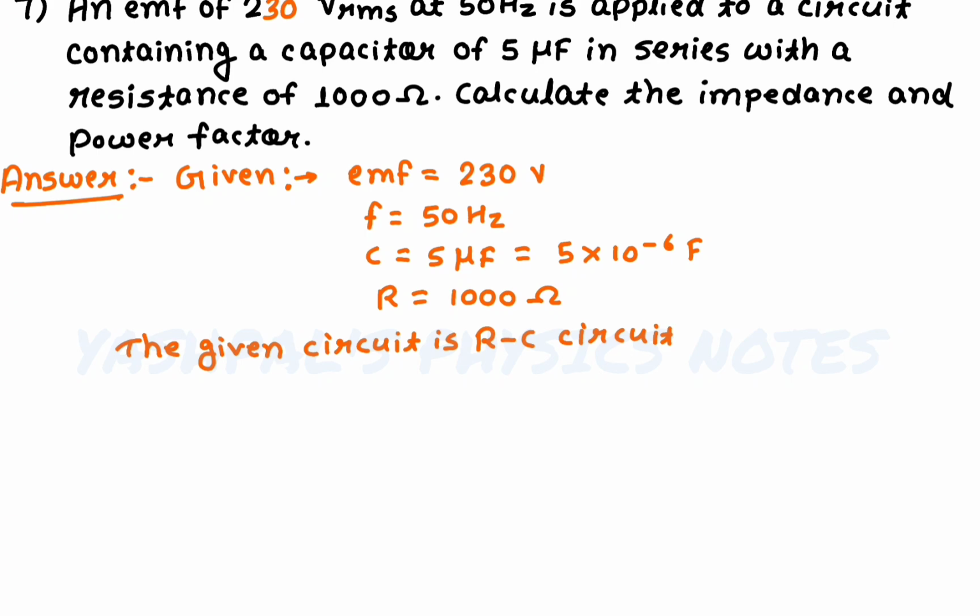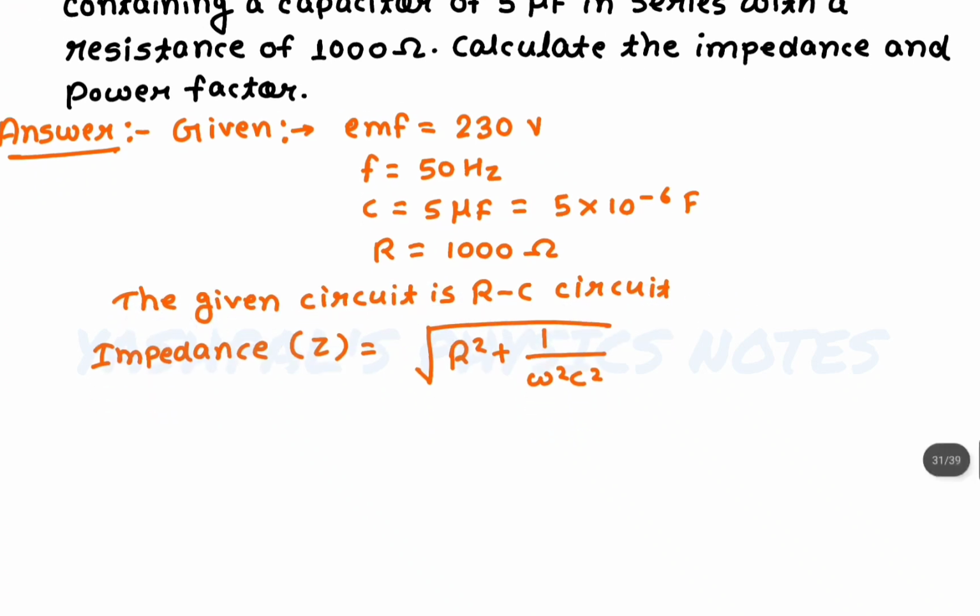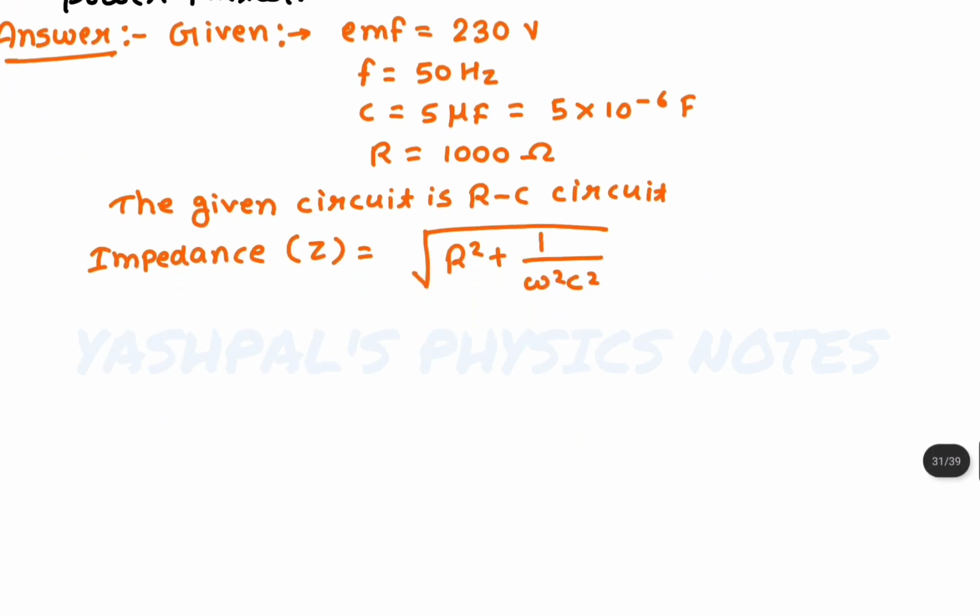For RC circuit, the formula of impedance, which is denoted by capital Z, is under root R square plus 1 upon omega square C square. This is the formula of impedance for RC circuit.